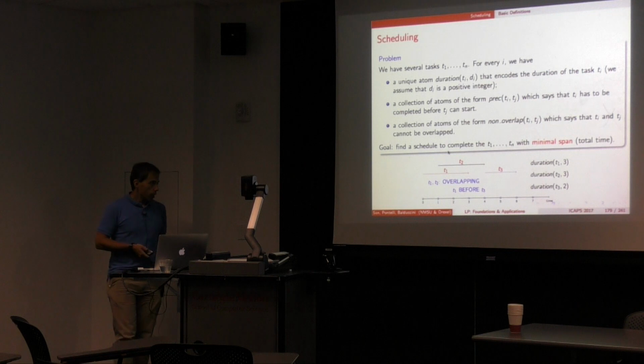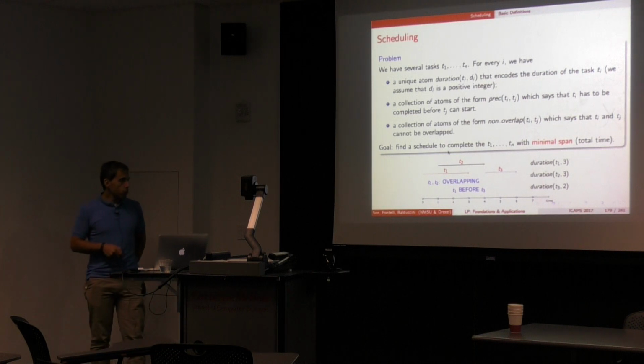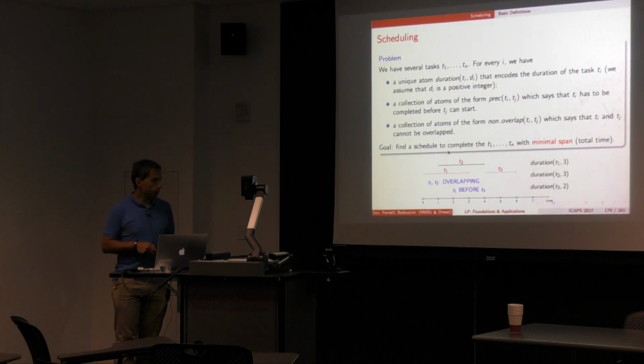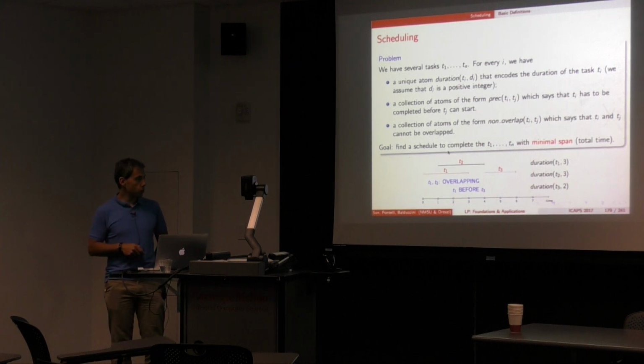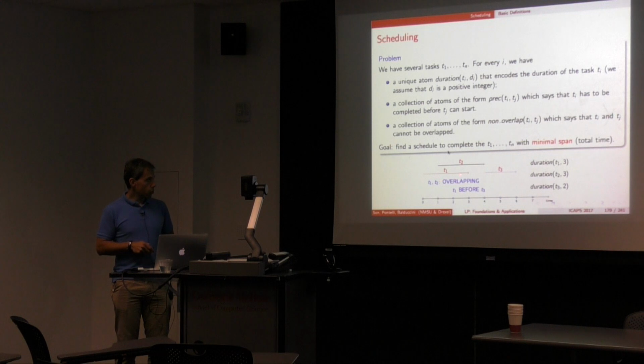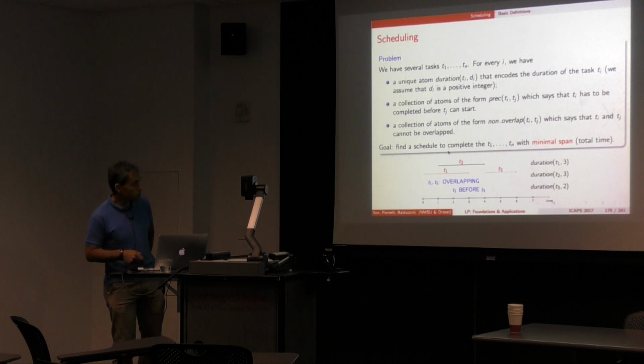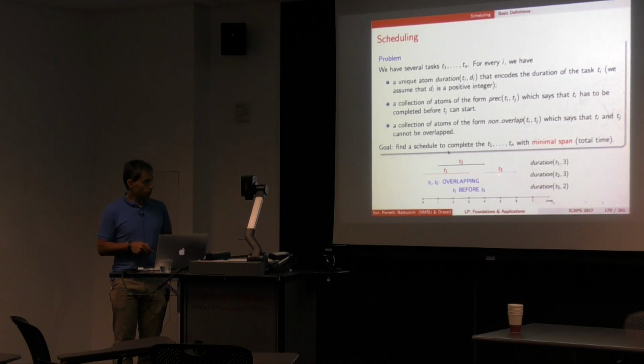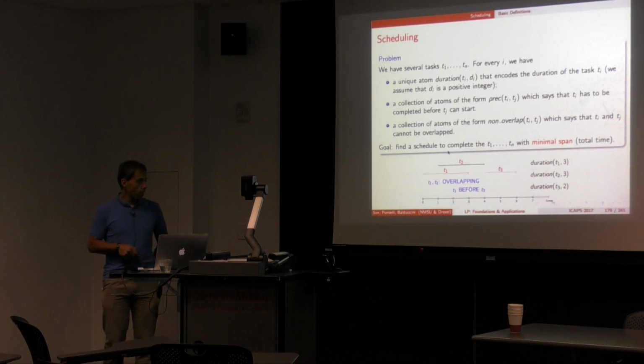Typically it's sometimes useful to represent schedules as lines over the number line. Each line corresponds to the duration of a different task starting from its start time. In this case, if we have T1 with duration 3, T2 with duration 3, and T3 with duration 2, we might represent them like this with lines of different lengths.